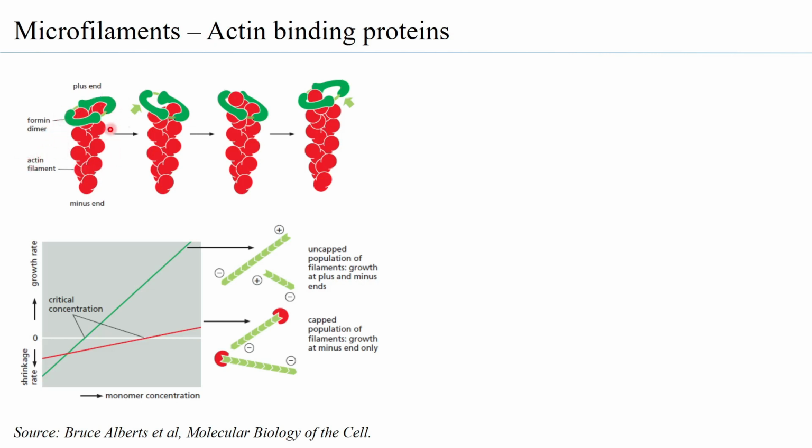Here, because of the presence of the formin dimer, you have the growth happening at the minus end. And what can also happen is that there can be a conformational change of the formin dimer to allow growth even at the plus end, but that depends on how the formin dimer is binding. So several capped populations of filaments are possible where growth is present only at a particular end.